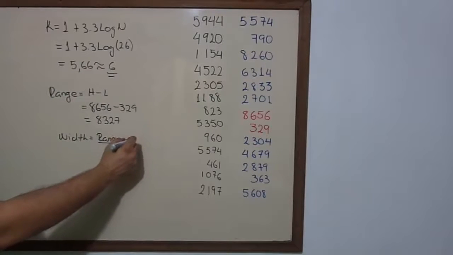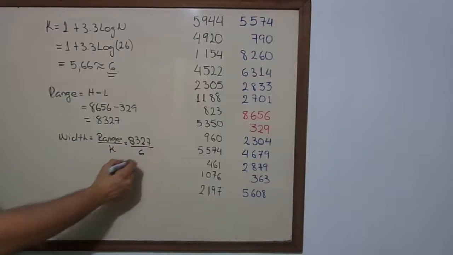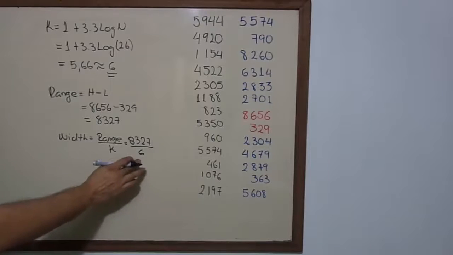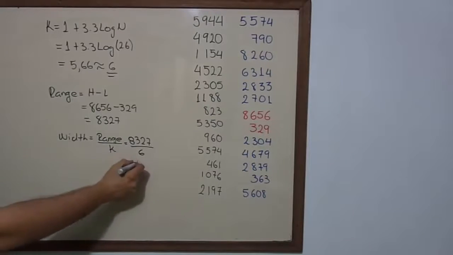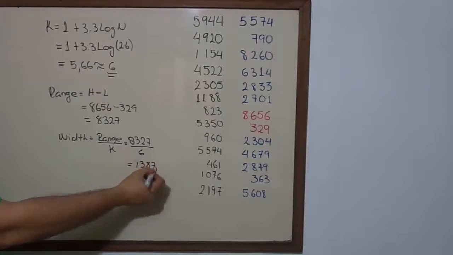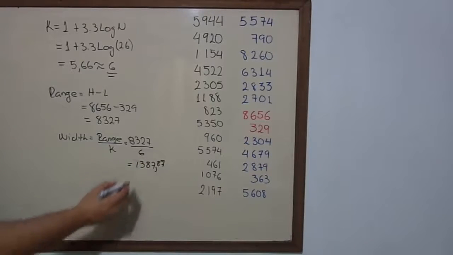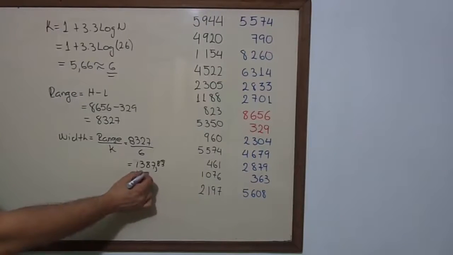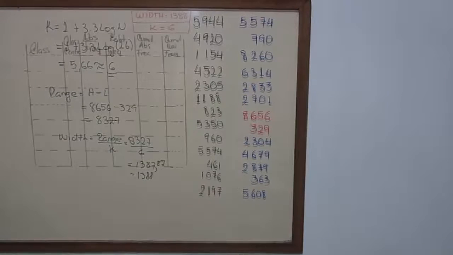So 8,327 divided by 6 will give you 1,387.83, okay? And we're going to round it to 1,388. With this in mind, let's draw.